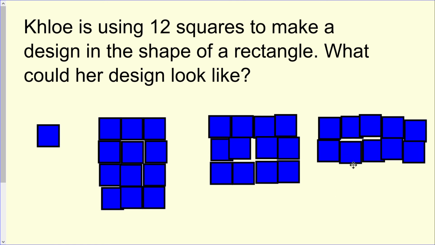I need another row, but if I put 5 more, then that would be 5 plus 5 plus 5, which would make 15. That's too much. Is there any way to fix this? There actually is. Guess what? If I put one here and here, then I would have 6 plus 6 equals 12. So there's 3 different ways she could make that rectangle so that it has 12 squares in it.